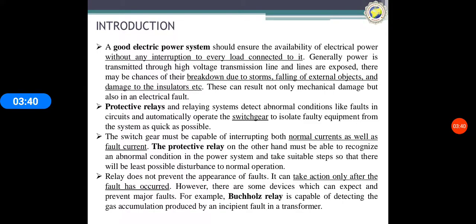So the protective relay and relay system detect the abnormal conditions, and then automatically operate the switchgear to isolate the faulty equipment from our power system as quickly as possible.